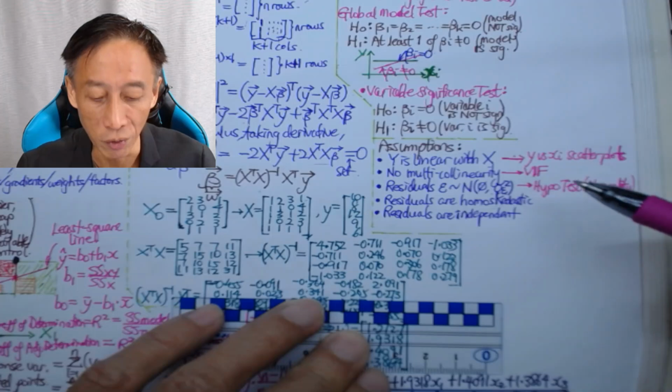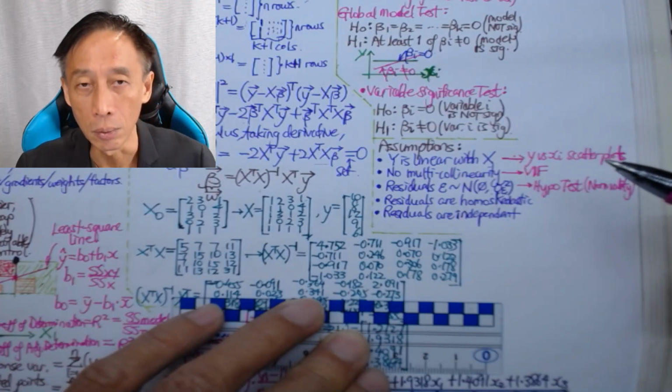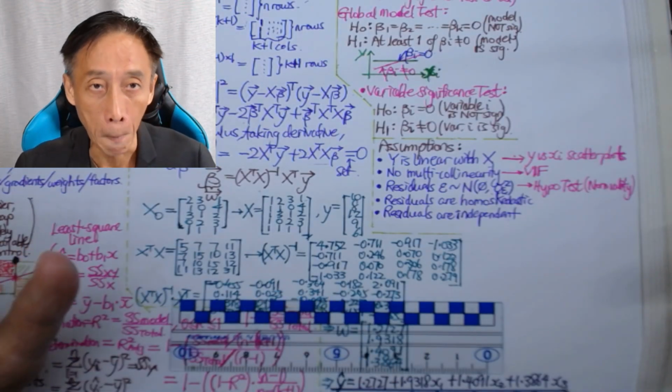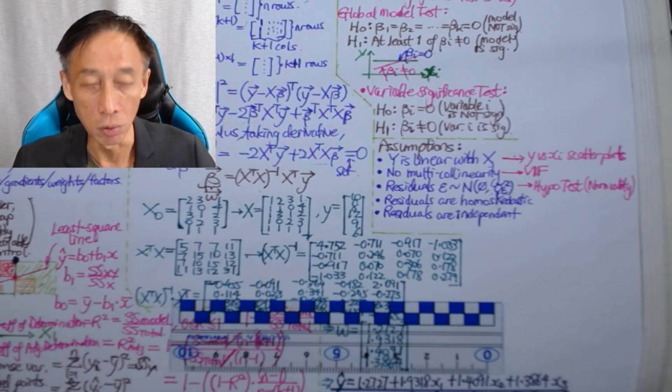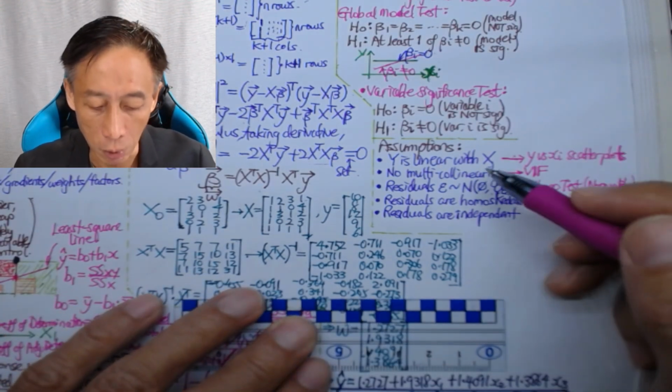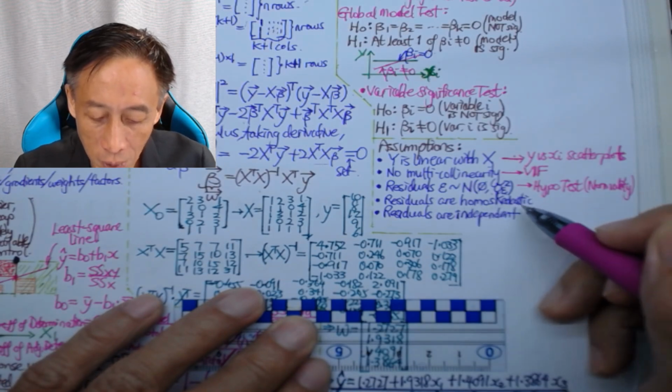So is this. If it's not linear, then we may not be using the right model in the first place, so we should be using a non-linear model. That will also be very serious. Residues are homoscedastic.